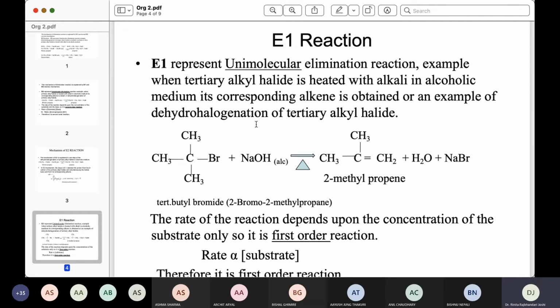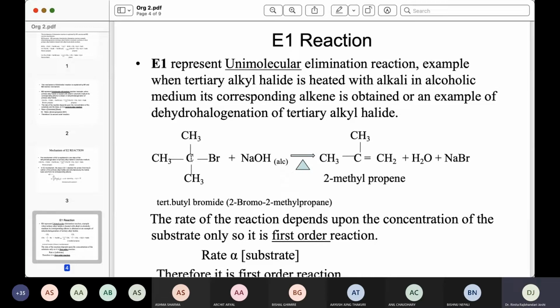It depends upon you. For the tertiary alkyl halide, you can take the tertiary butyl bromide or 2-bromo-2-methylpropane, which we have also taken as an example in the SN1 reaction mechanism.